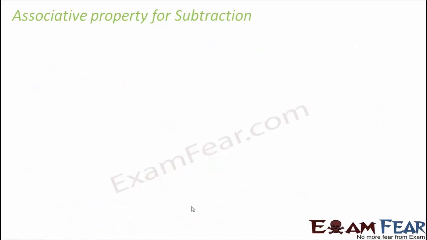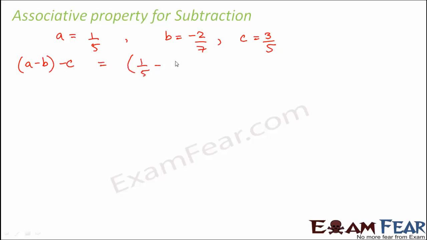Let's look at the associative property for subtraction. Here again we consider three rational numbers as 1 by 5, minus 2 by 7 and 3 by 5. Now we will first calculate (A minus B) minus C. So this would be 1 by 5 minus 2 by 7 minus 3 by 5.